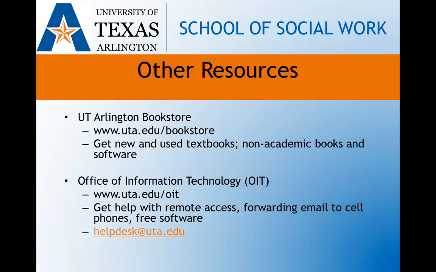There's also a lot of free software and discounted software available through the OIT. So if you don't have, for example, the Microsoft Office package, I would encourage you to reach out and purchase that from the university. It's really cheap for students, and it's something that you'll need to write your papers and things like that.